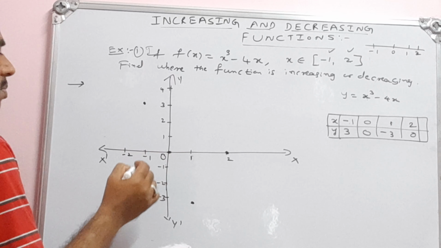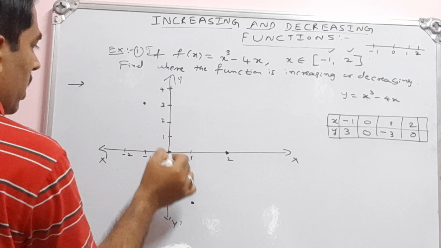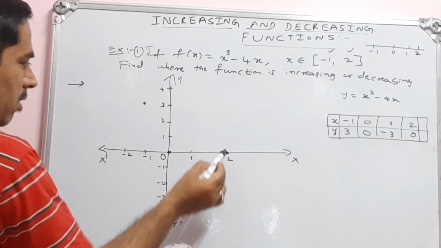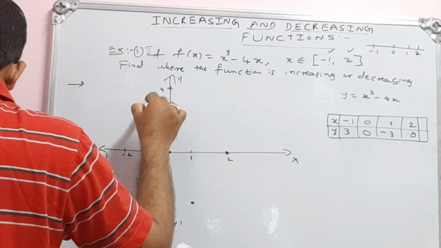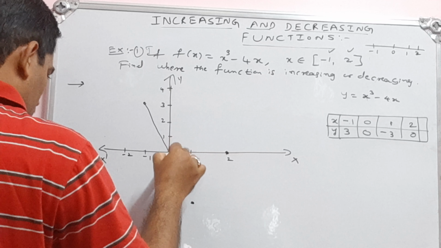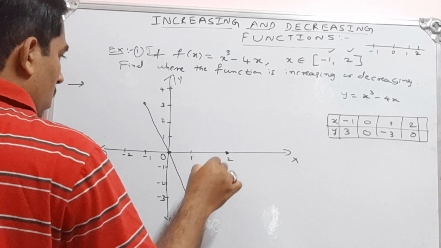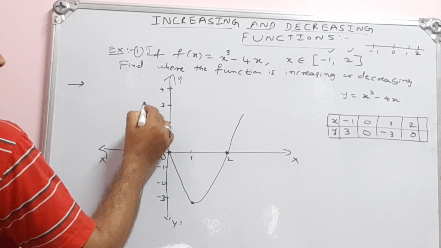Then let me join these points. Minus 1, 3, then 1, 2, 3, 4. Let me join this. So it happens like this.